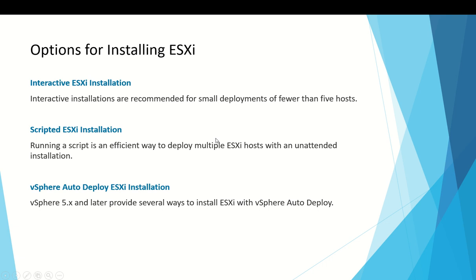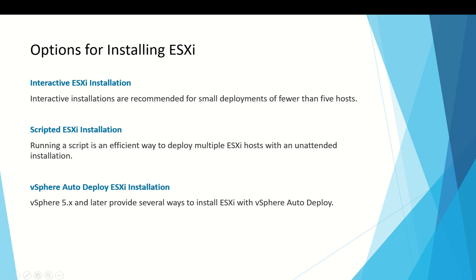So for installing ESXi, you have multiple methods. One is the interactive ESXi installation. If we have few servers, less than 5 or 6 or 10, you can use manual installation: you mount an ISO and install the ESXi box.